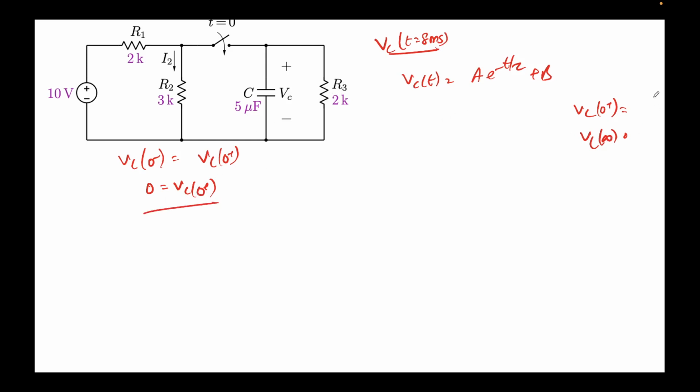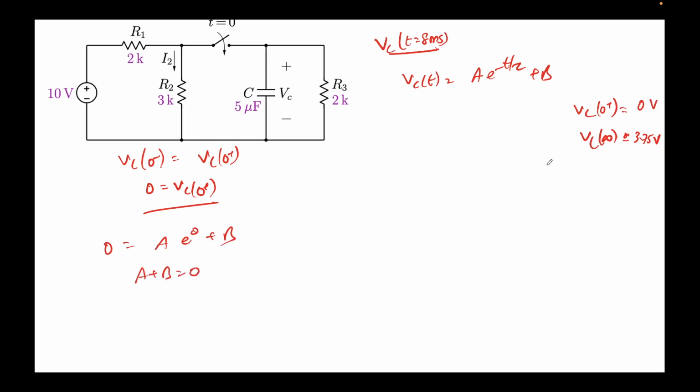So this is 0, and we know this expression was 3.75 volts, right? So let me first do this. 0 equal to A e to the power 0 plus B, so A plus B will come out to be 0.